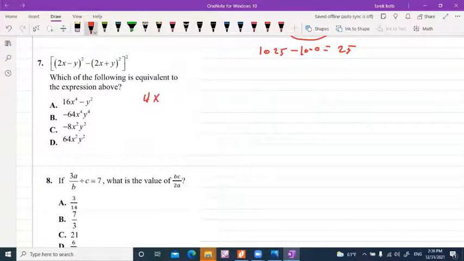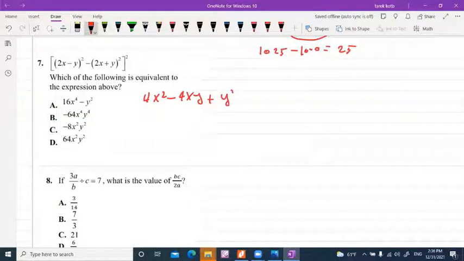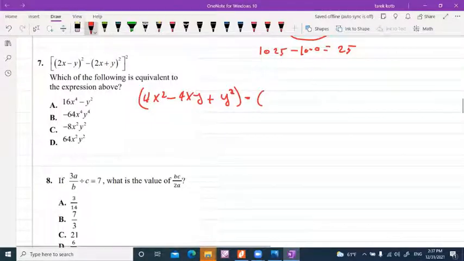Multiply the first times the second times 2, it will be negative 4xy. And then square the second, it will be positive y squared. That's all minus the next one, which is this one. Or you can distribute the negative from the beginning. You can remove these brackets.